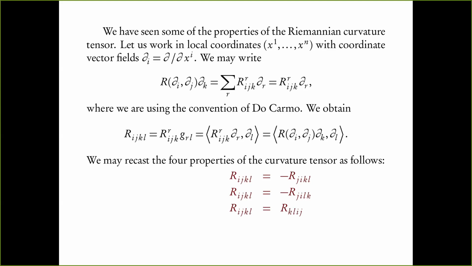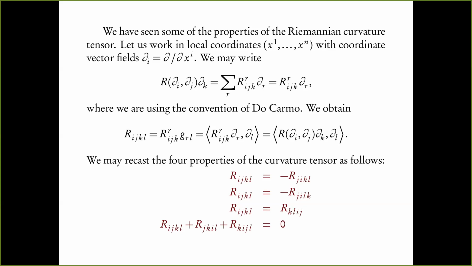The fourth one is what we spent a lot of time proving last time using Milnor's octahedron, and this is the Bianchi identity. It says that if you keep the last entry l fixed, which means the last vector field ∂/∂x_l is fixed, and you cyclically permute i, j, and k, you'll have three terms, and when you add them, that's zero.